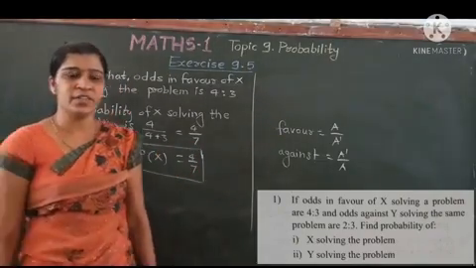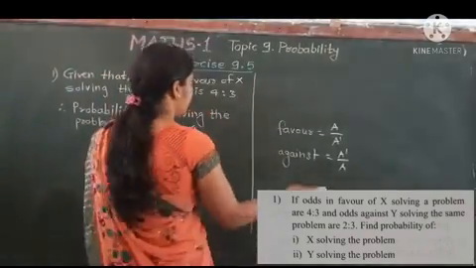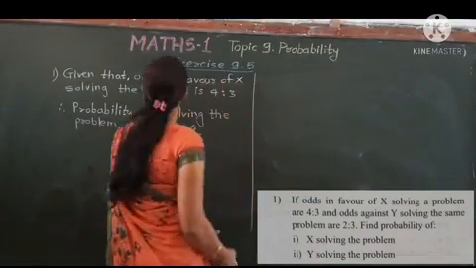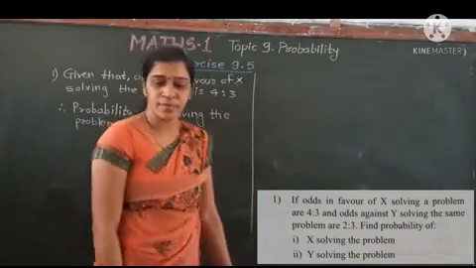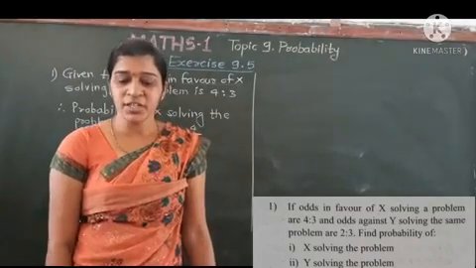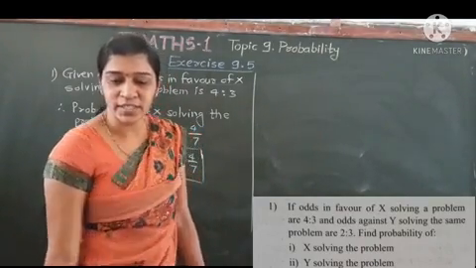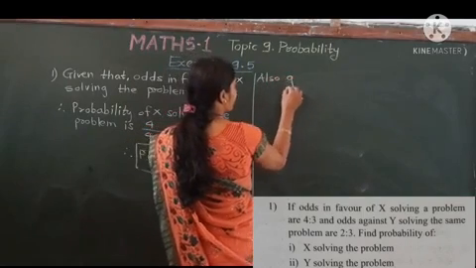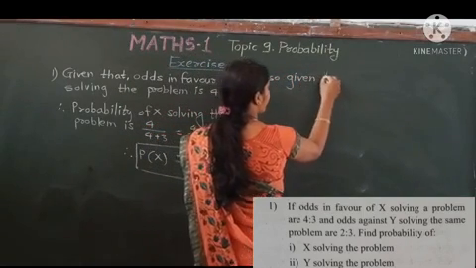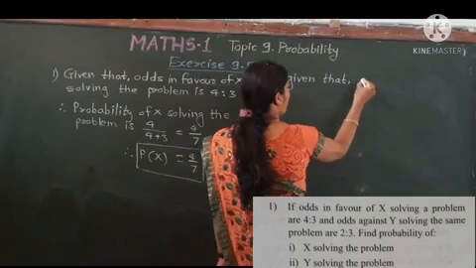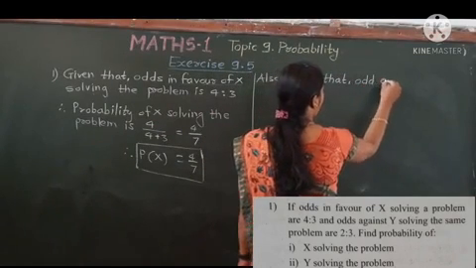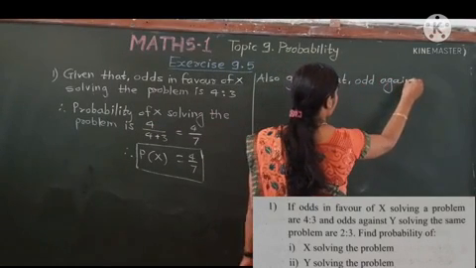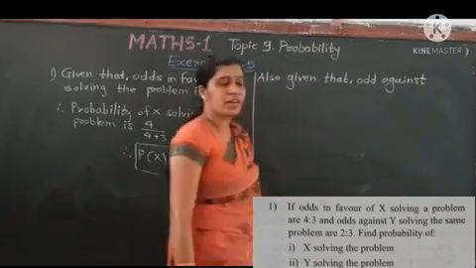Okay, understand first. What is the second line? See in the example, what is the second line given? Second condition: odds against y solving the same problem. What is given?